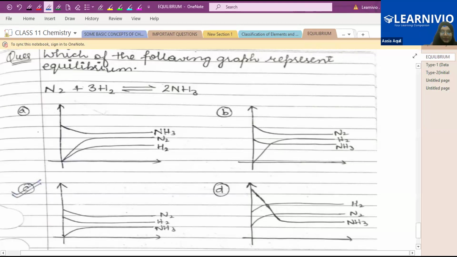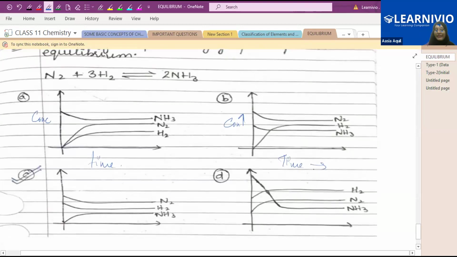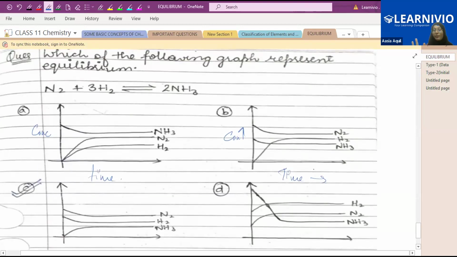Now analyze this question and let me know which option is correct, and explain the reason also. This is the reaction, N2 plus 3H2 gives 2NH3, ammonia, and you have to check which graph is the correct representation of equilibrium.